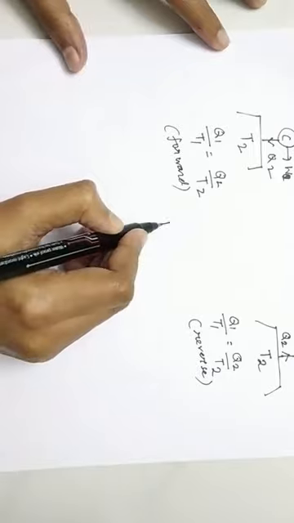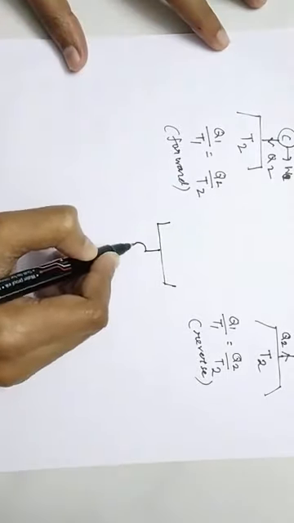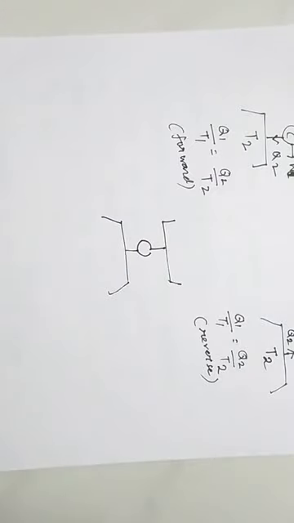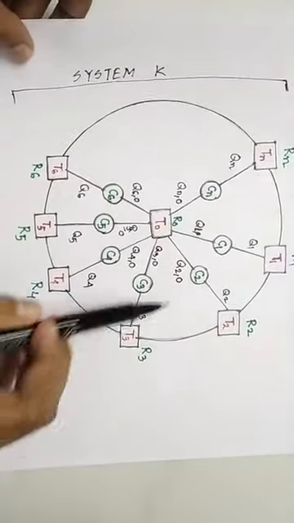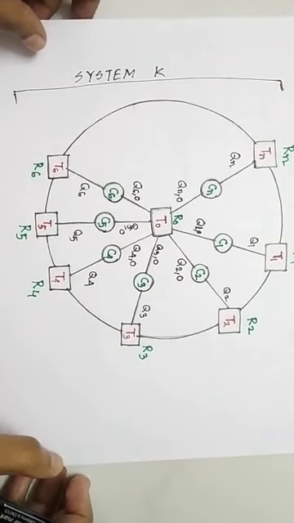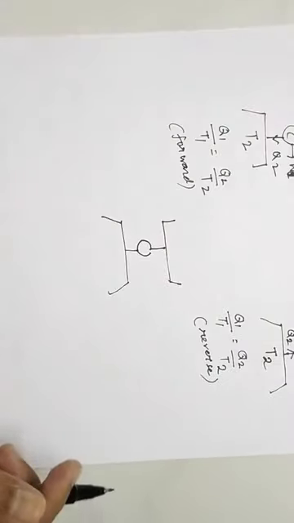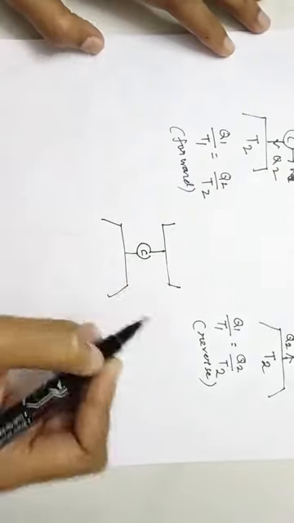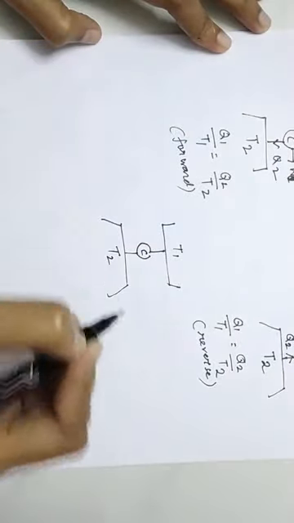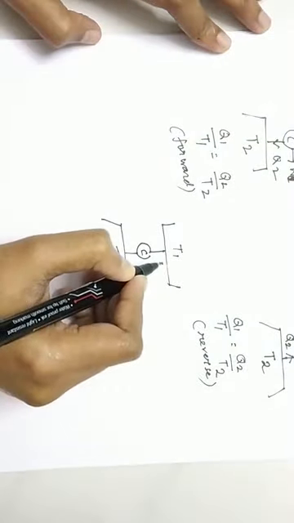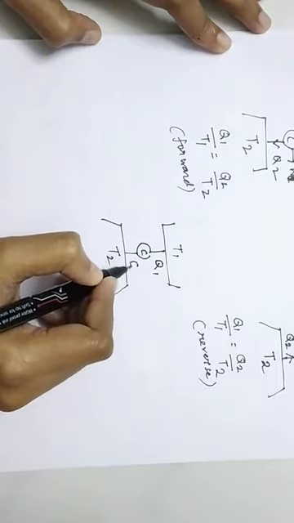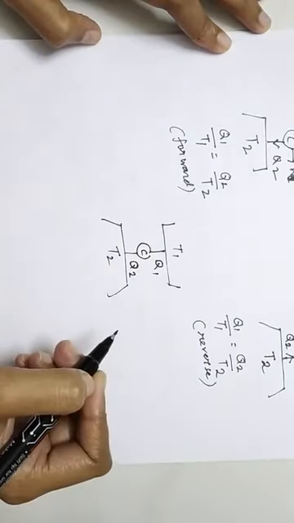So here we can draw a general diagram like we used for this system, where we have shown the amount of heat exchange between two reservoirs, but not the direction of the heat flow. We have this Carnot engine C operating between temperatures T1 and T2, and it will exchange an amount of heat Q1 at T1 and an amount of heat Q2 at T2.